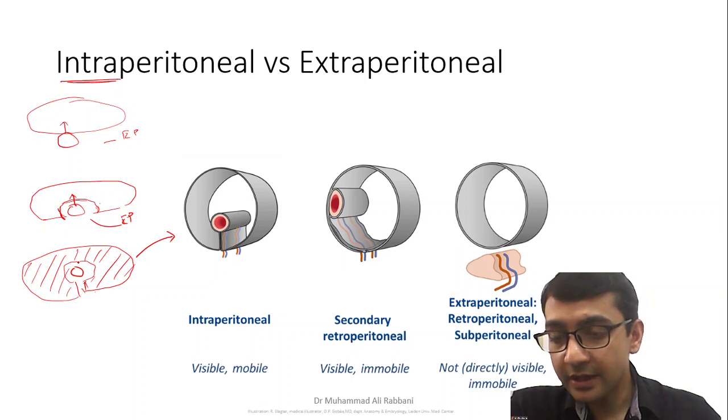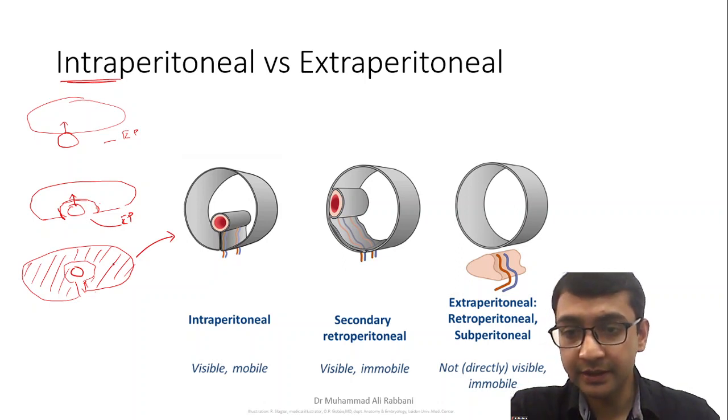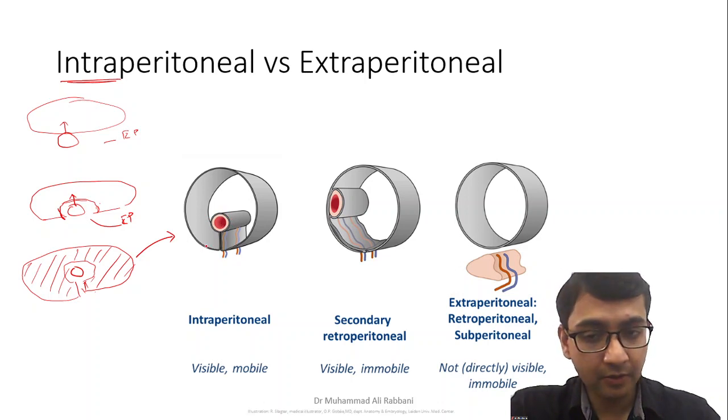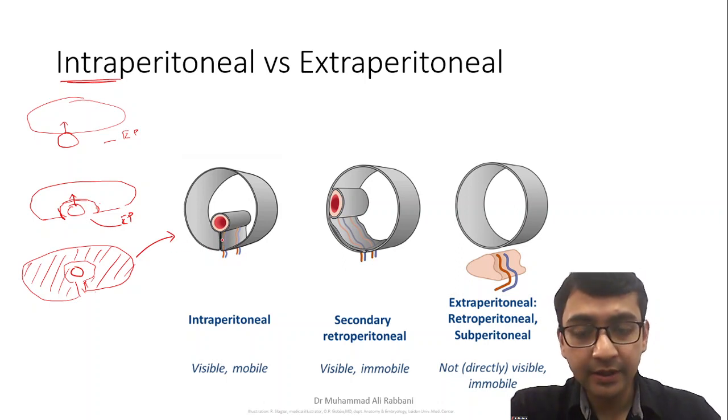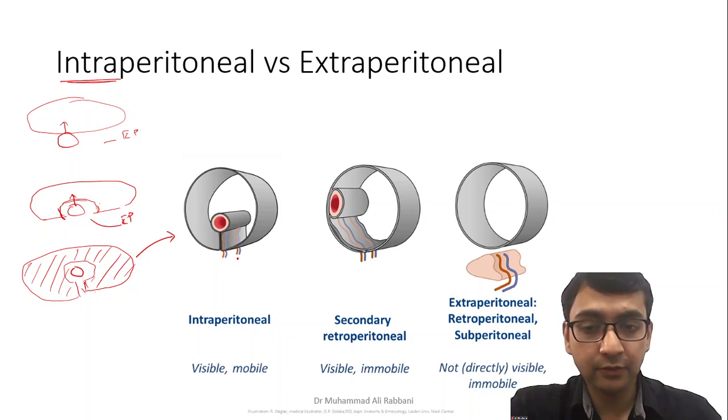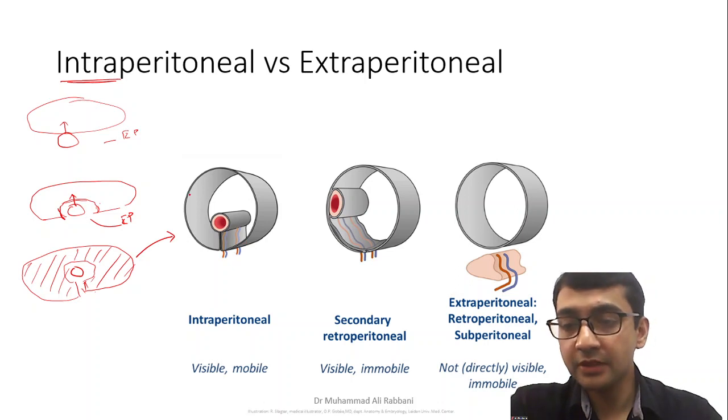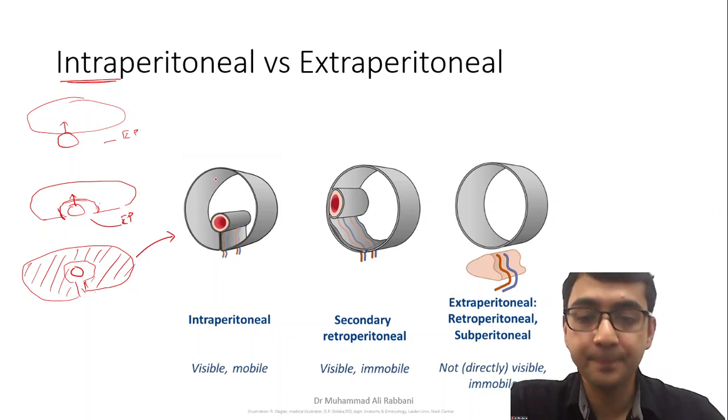Yes, it is completely surrounded by the peritoneum, and it seems that it is within the cavity, and this visceral layer surrounding the organ is continuous with the peritoneum of the back or walls with the help of this connection known as mesentery. Mesentery is always double layered, and it gives a pathway for the blood vessels, lymphatics, and nerves to reach the gut. This is the concept of an intraperitoneal organ.